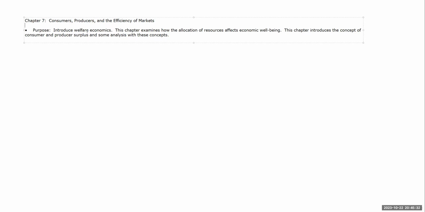The purpose is to introduce welfare economics. The chapter examines how the allocation of resources affects economic well-being. We'll spend a third of the chapter on consumer surplus, and a third on producer surplus, the opposite of consumer surplus.